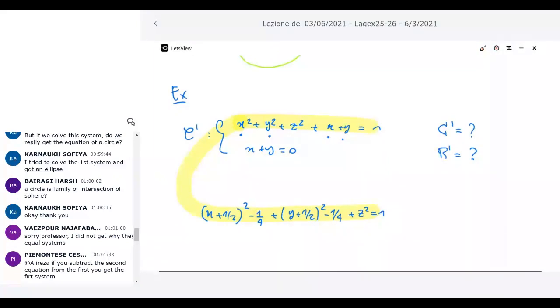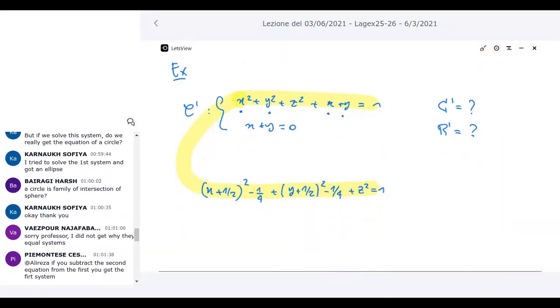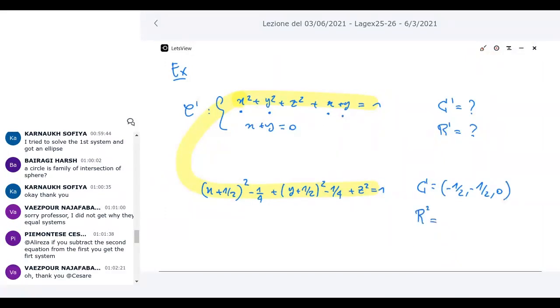So what we get as center of the sphere is minus 1 over 2, minus 1 over 2, and 0. And what we get as the radius squared of the sphere is 1 plus 1 over 4 plus 1 over 4. So we get, what is that? 1 over 4 plus 1 over 4 is 1 over 2, so 3 over 2, okay?